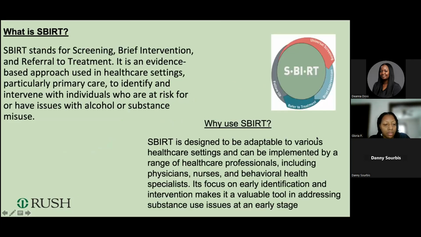So what is SBIRT? SBIRT stands for Screening, Brief Intervention, and Referral to Treatment. It is an evidence-based approach used in healthcare settings, particularly primary care, to identify and intervene with individuals who are at risk or have had issues with alcohol or substance misuse. So why use SBIRT?